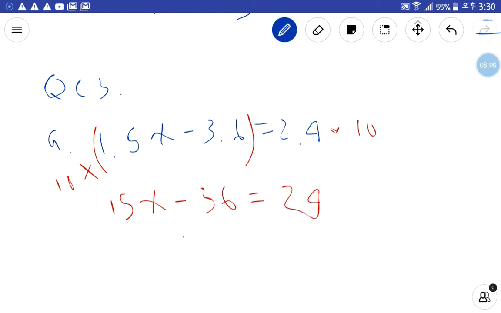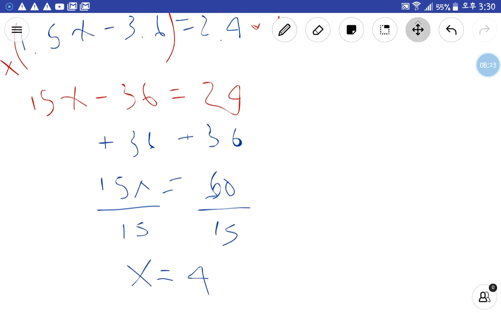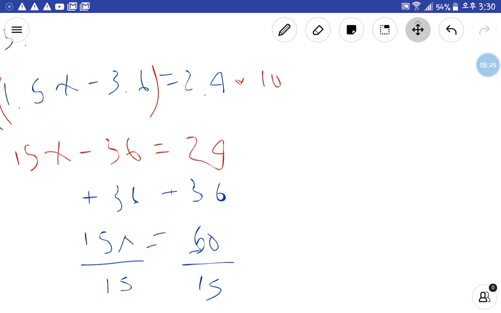And now what? You add 36, that becomes 60. So 15x becomes 60. And now what? You divide by 15. And your x would be what? 4. Another way you can do it is you can just use the decimals, which are there.